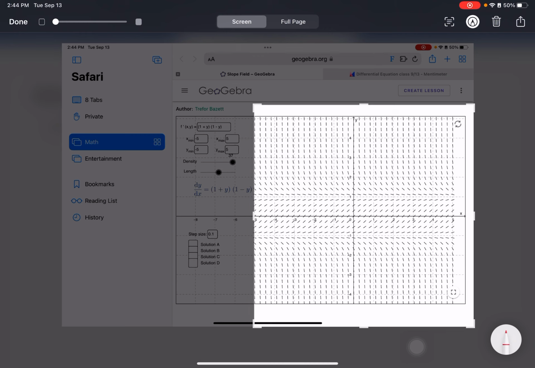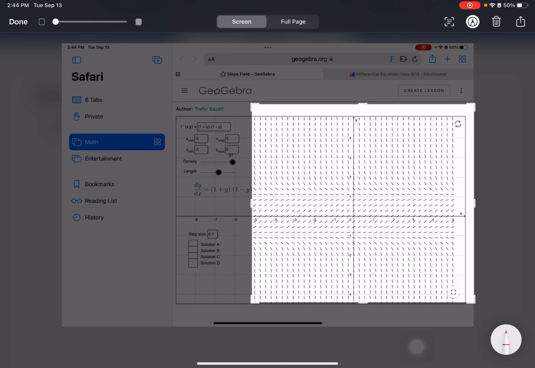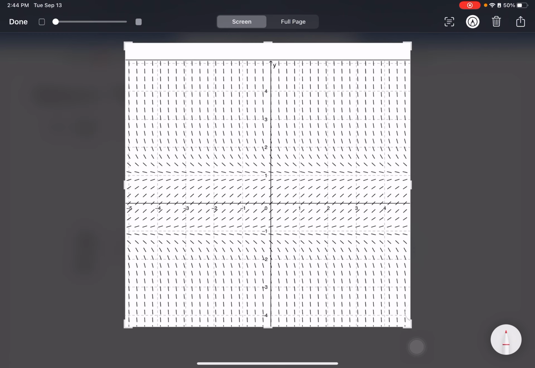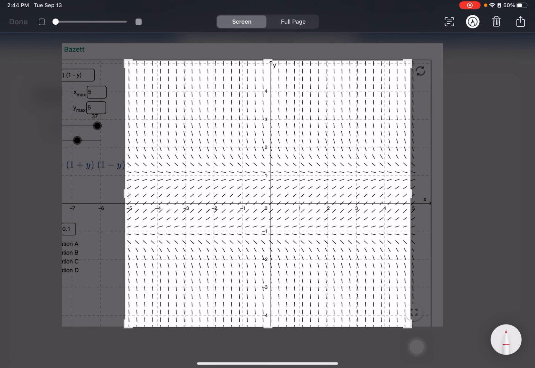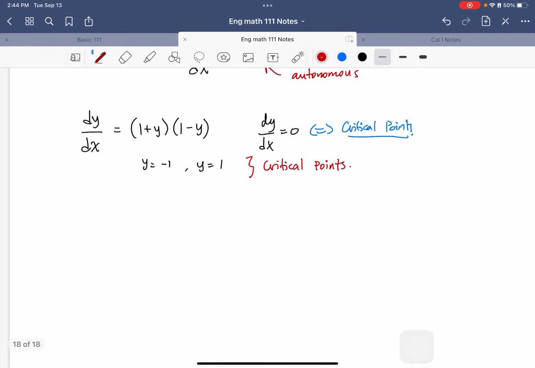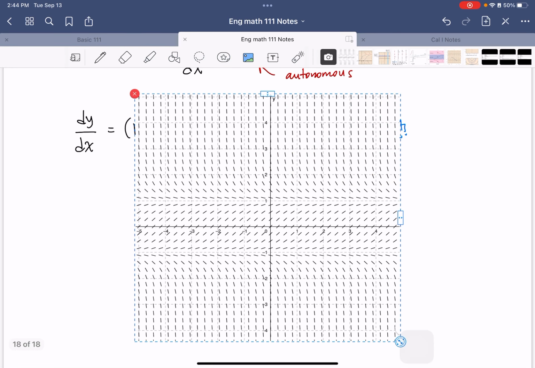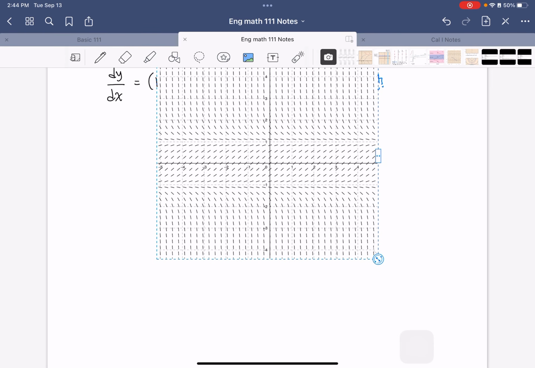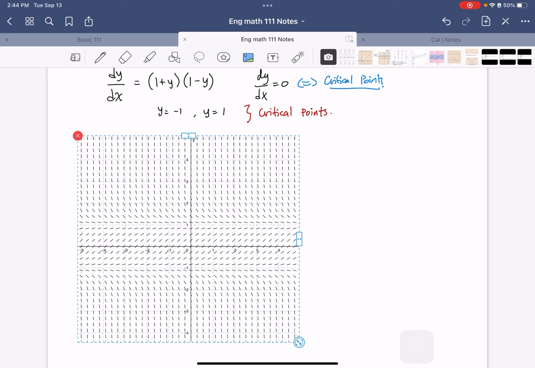Let me put this into our page here. So this is our slope field.